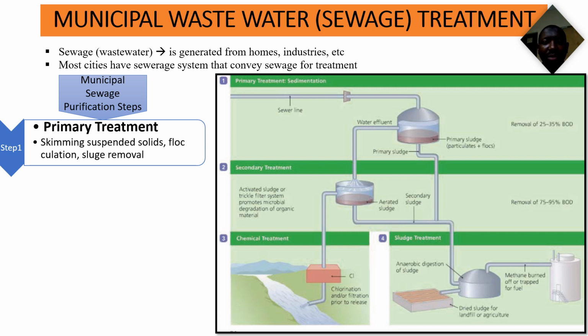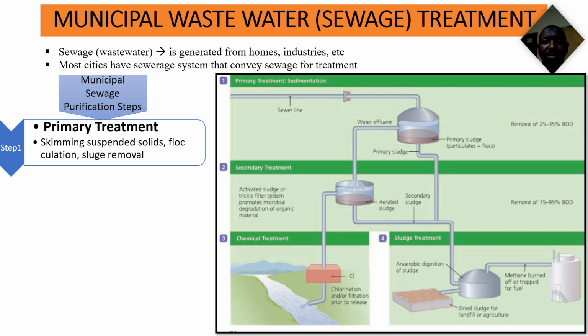But in this type of treatment, the lighter materials are skimmed off, removed, and the heavier materials will settle at the bottom. So this treatment stage is called the primary treatment.